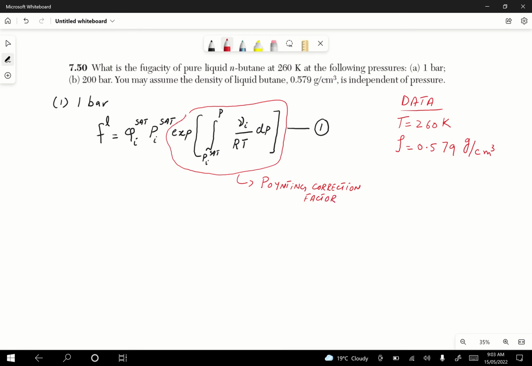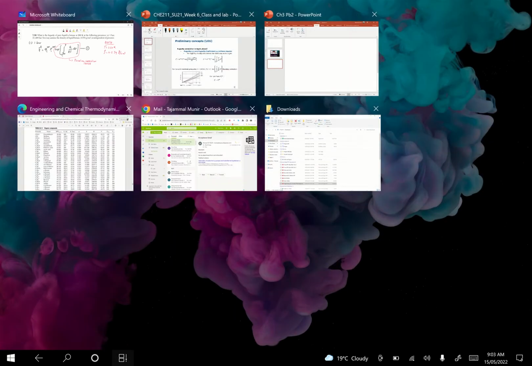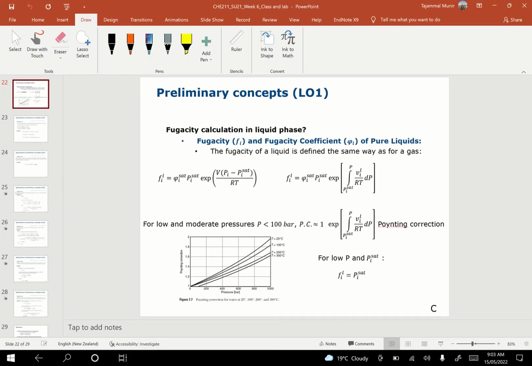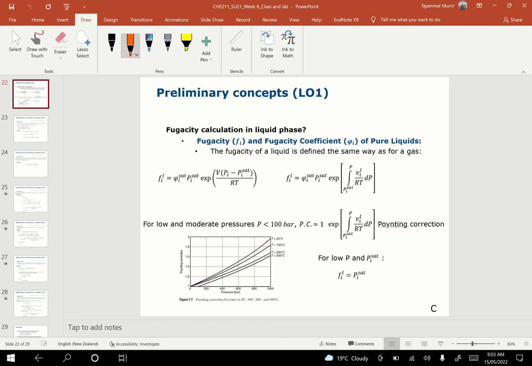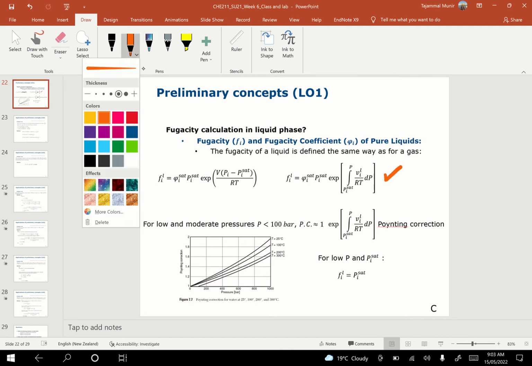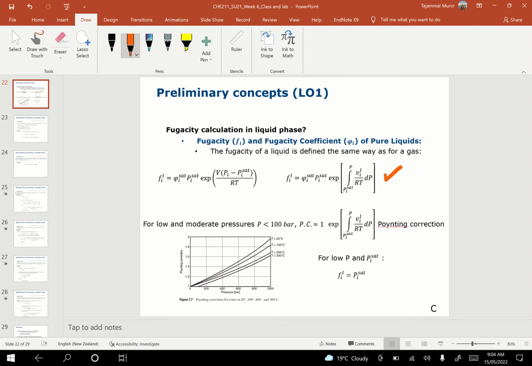And if you see the slide again, this is the correlation for fugacity calculation, and you can see that this is after solving the integral.